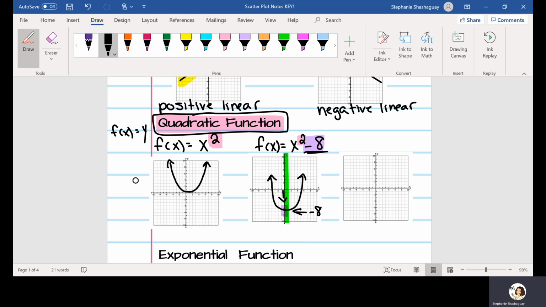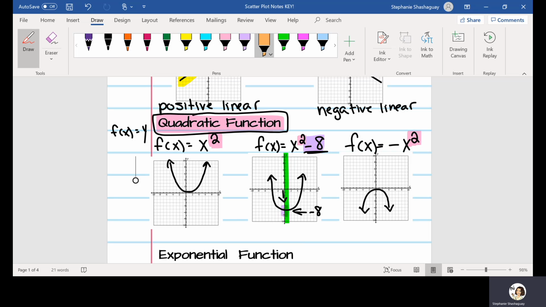But I could also have a negative quadratic function. So if I had f of x equal to a negative x squared, okay, I still have that exponent here of squared. What that parabola is going to look like is this. It's going to be upside down.